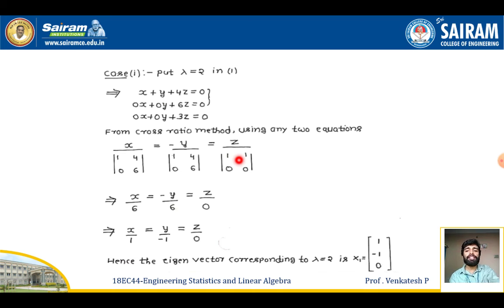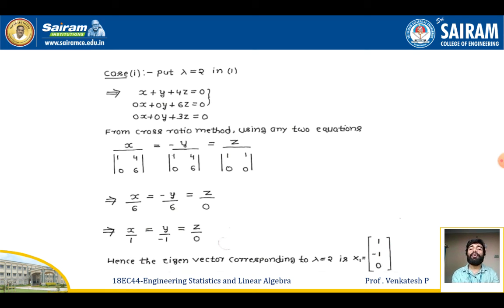On simplifying this, I'll get x by 6, minus y by 6, z by 0. I can take 6 as a common factor, so it will be x by 1, y by minus 1, z by 0. Hence the corresponding eigenvector for the eigenvalue lambda equal to 2 is (1, minus 1, 0).